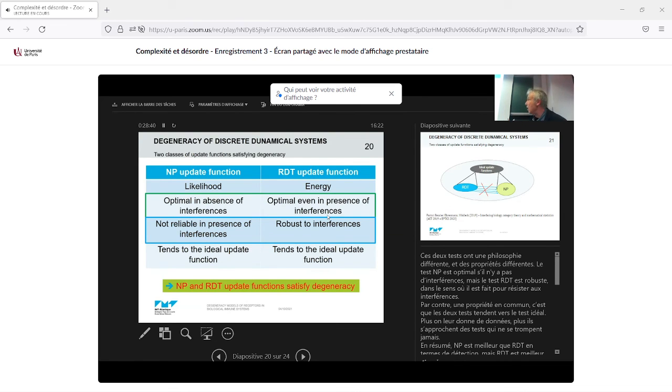This ideal update function would be obtained asymptotically if the dimension of the observation were infinite. Mathematically, they both tend to this ideal update function. So when we look at this table, we can conclude that NP and RDT update functions satisfy degeneracy. I should have written multiplicity principle.